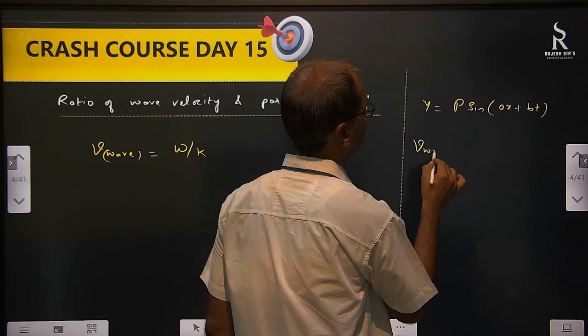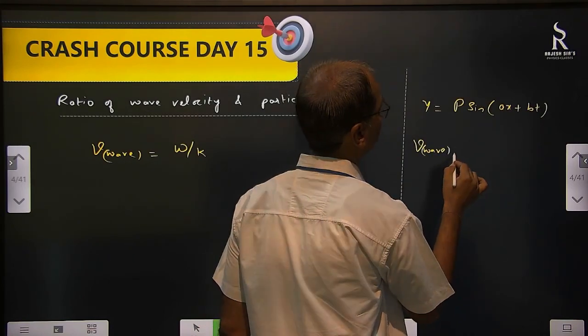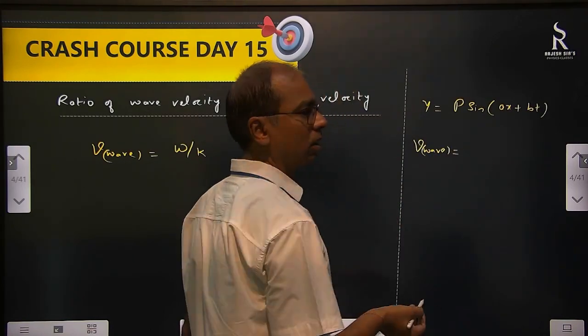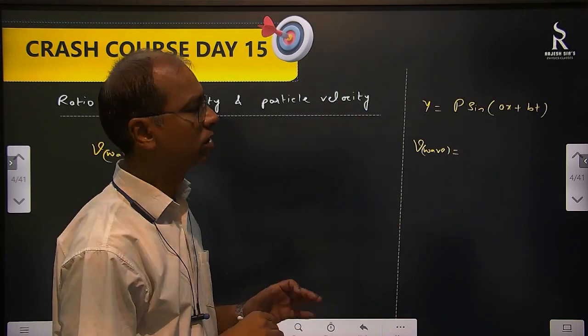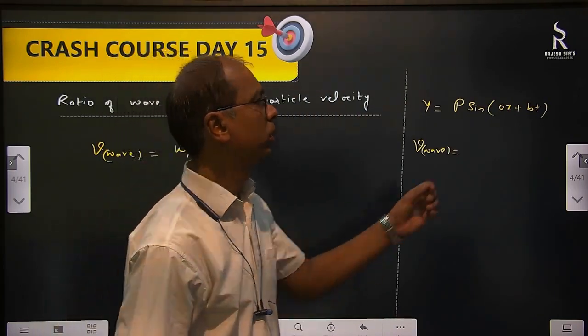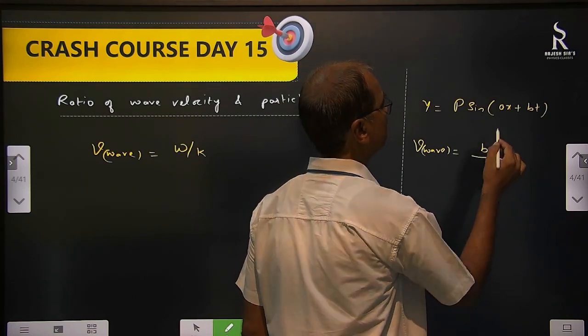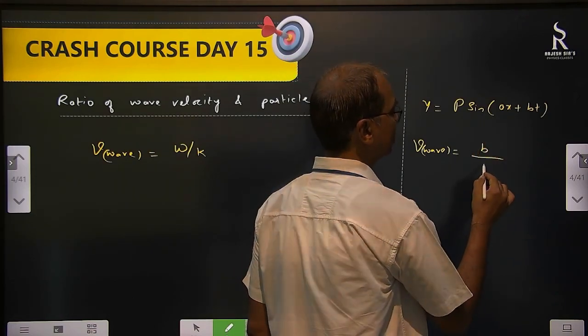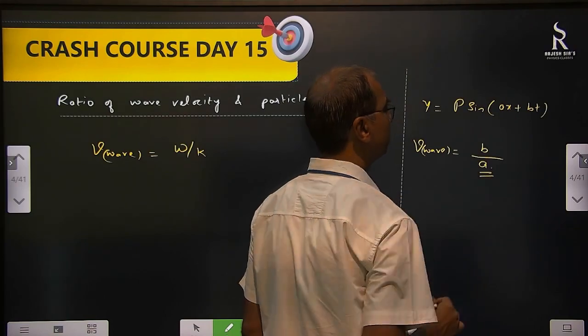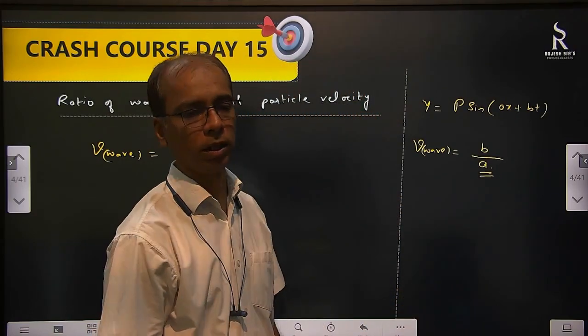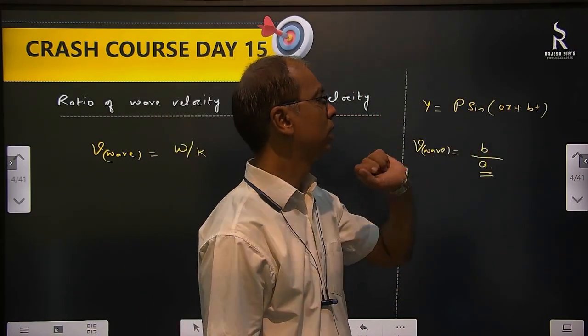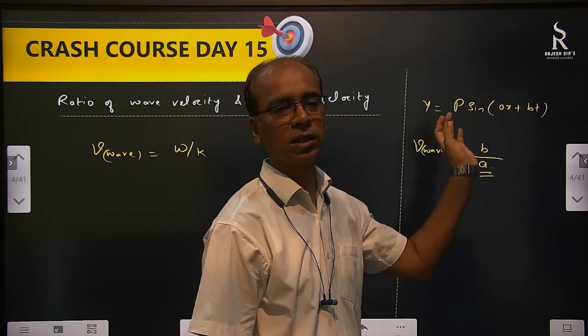Then what will you do? Here ω means the coefficient of t. What is along with t here? So b. And k means the coefficient of x. So here the velocity of wave will become b by a. Remember that. Or 3x plus 4t, 5x plus 2t, 6x plus 9t.